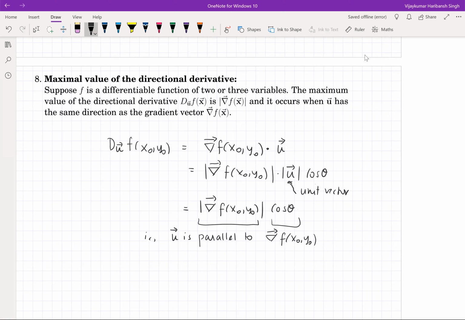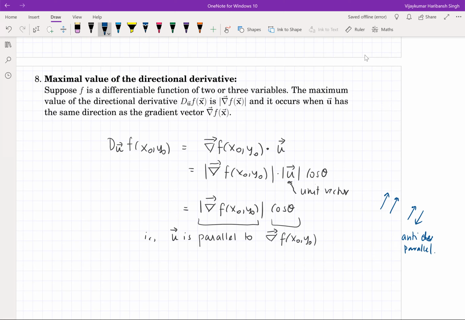In vector setup, these two vectors are parallel. These are anti-parallel. So the arrows should also head in the same direction.